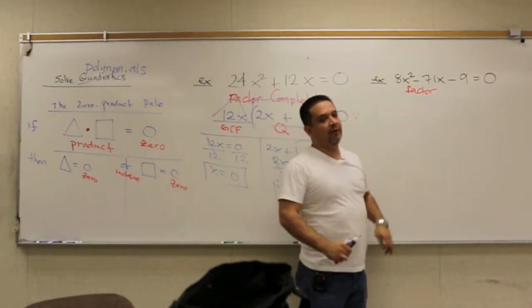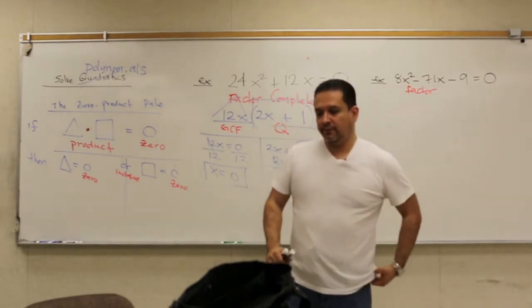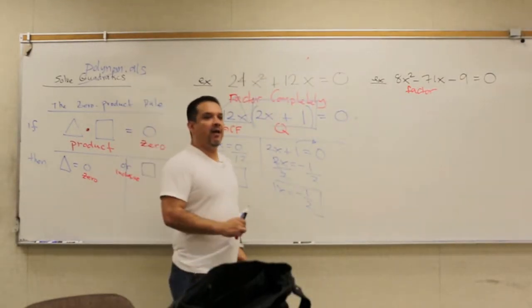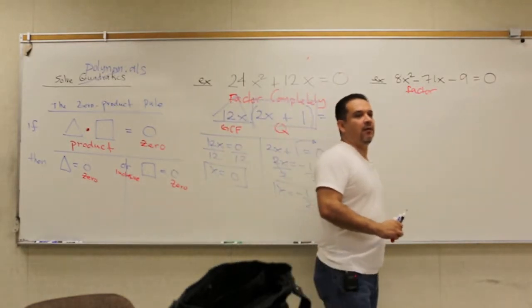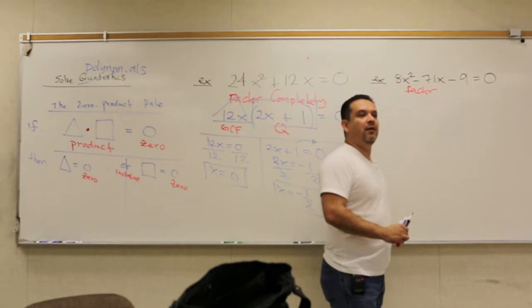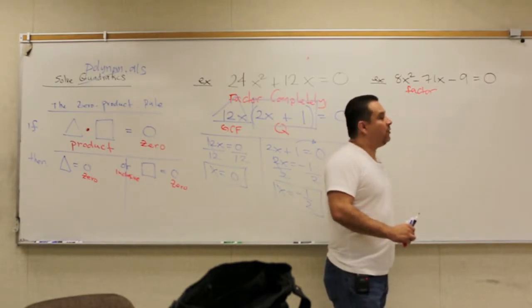What's the greatest common factor? Anybody know what that greatest common factor is? Is it 1?